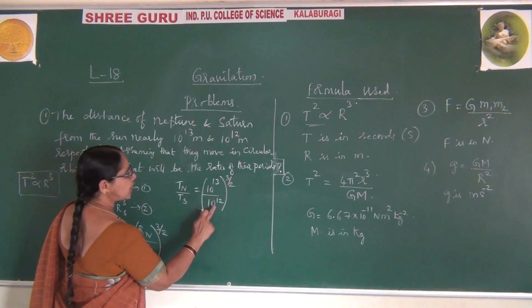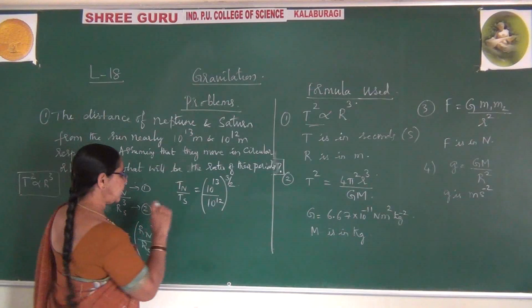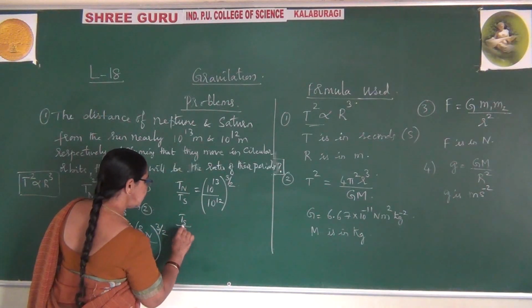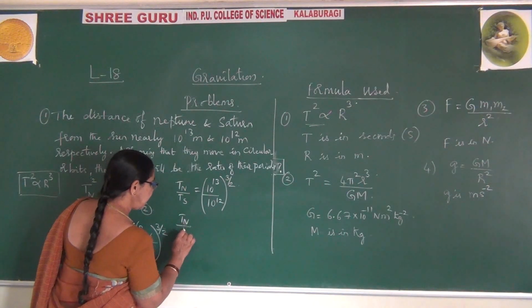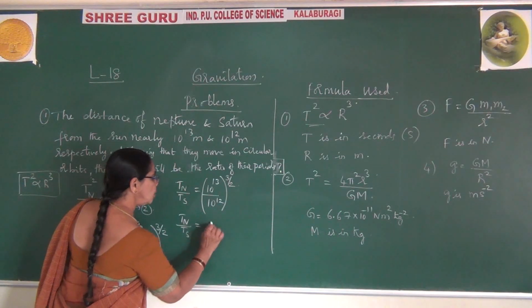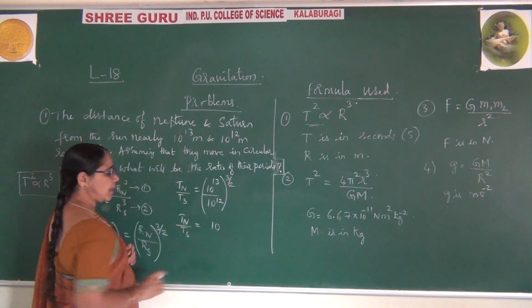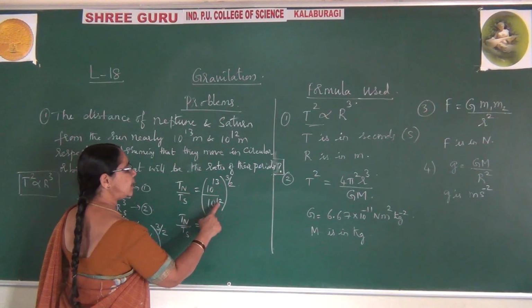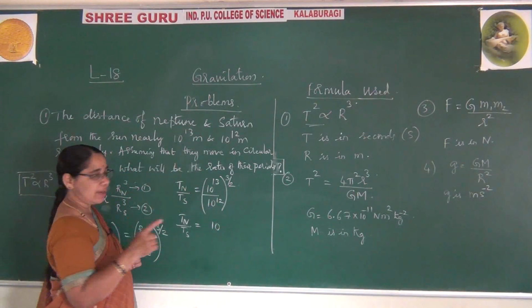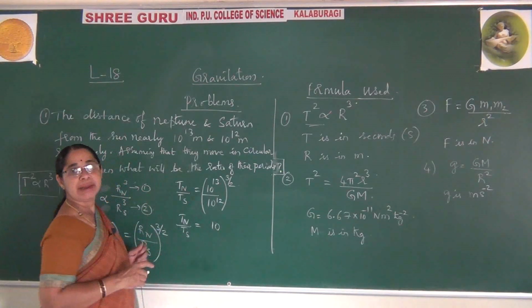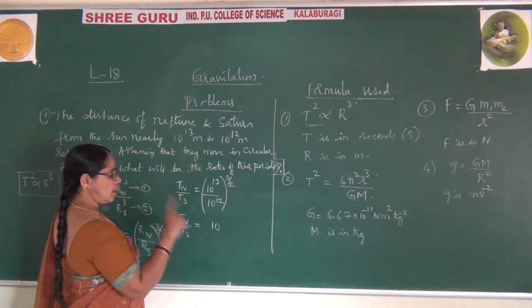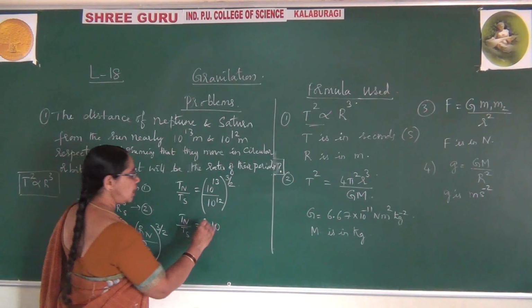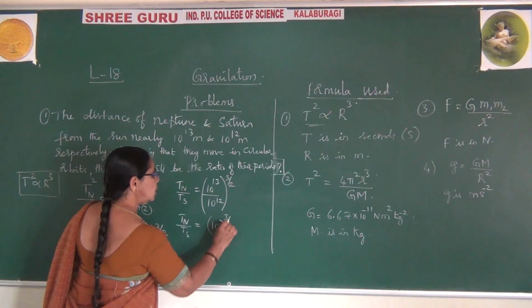If you cancel, Tn by Ts is equal to 10, because 13 minus 12 is 1. Only one 10 is left, 10 to the power of 1 becomes 10. So it is 10 to the power of 3 by 2.